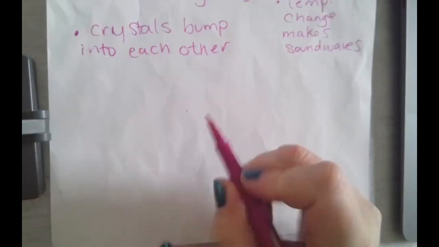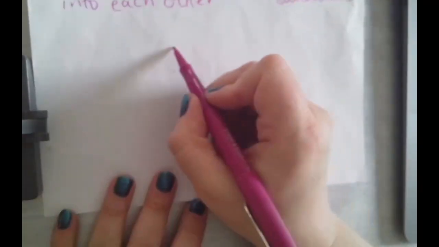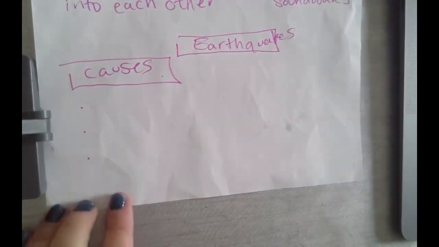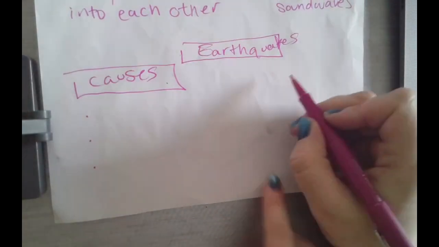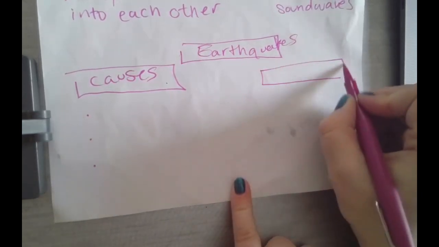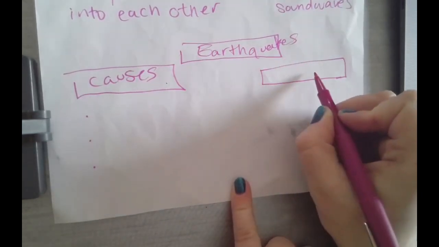So again, you would want your hazard in a big box at the top of your note taking. So let's say I'm doing earthquakes. And maybe the causes is what I'm going to research first. So that's a big idea, the causes. And then I would bullet out the different causes. And then if I was going to write about a famous earthquake, I would want to put a particular name here.